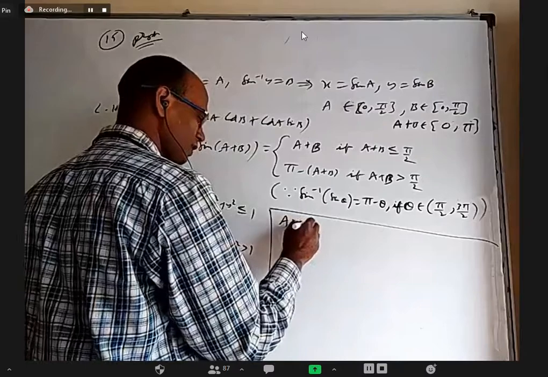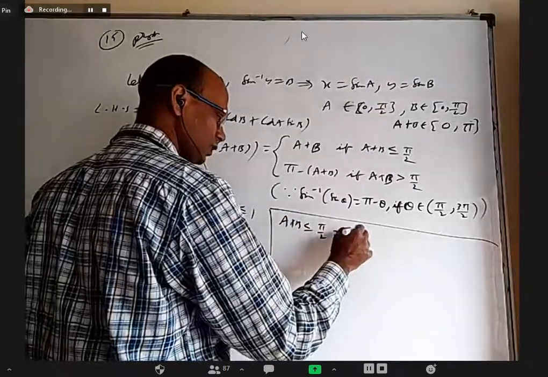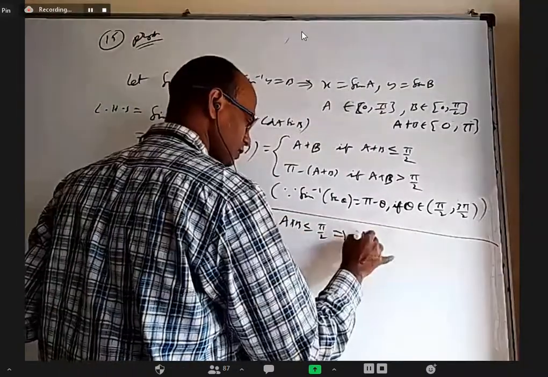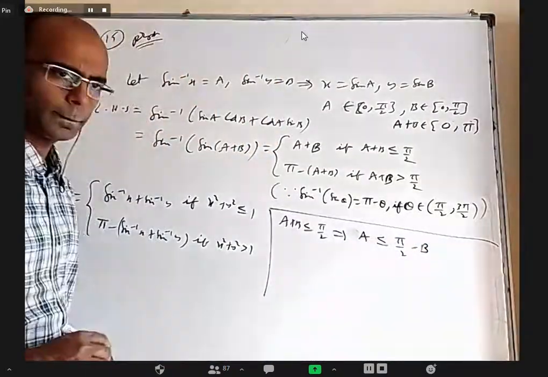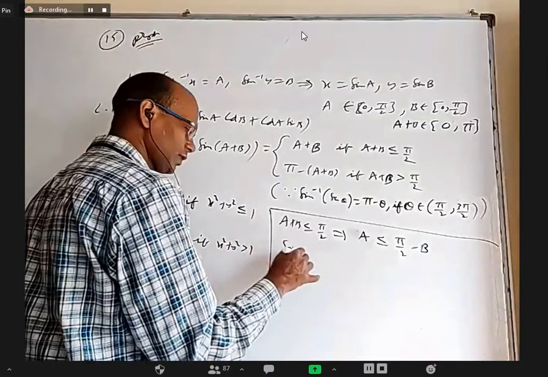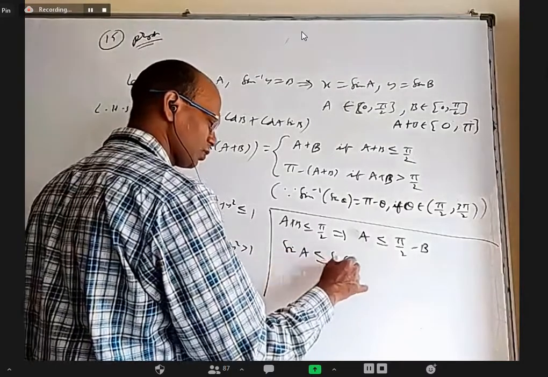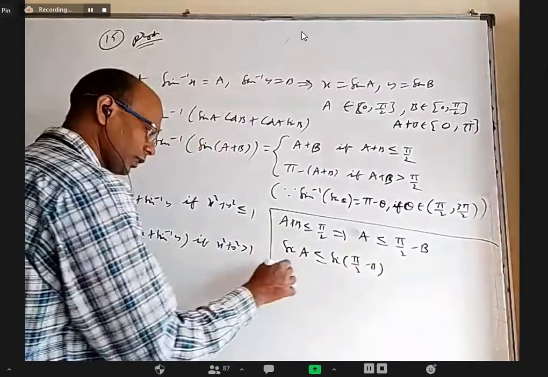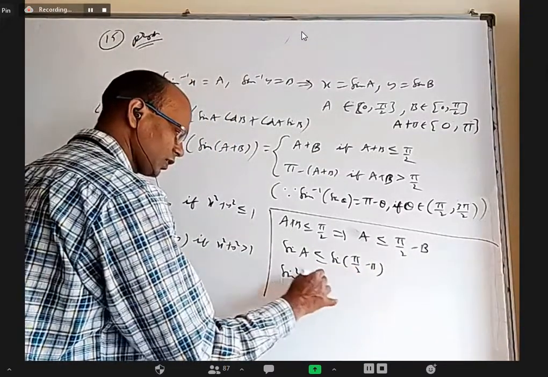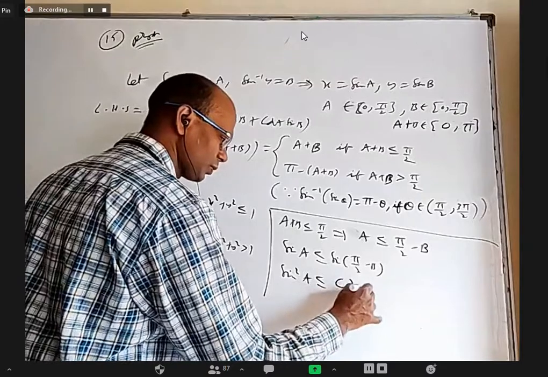a plus b less than or equal to pi by 2 means a is less than or equal to pi by 2 minus b. When I apply sine, sine a is less than or equal to sine of pi by 2 minus b, which is cos b. I can square it. I will get sine square a less than or equal to cos square b.